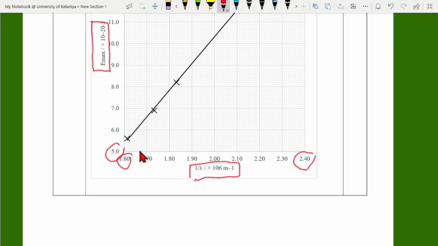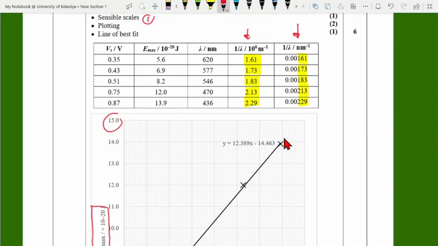In one big square we have 10 small squares. Then we have 1 2 3 4 5 6, 1 2 3 4 5 6 7 8, so it will be 8 small squares. By using this number of squares you can calculate the range. You need to take 1.61 and 2.29, so we all know it is 16 to 24. Right, we have 8.